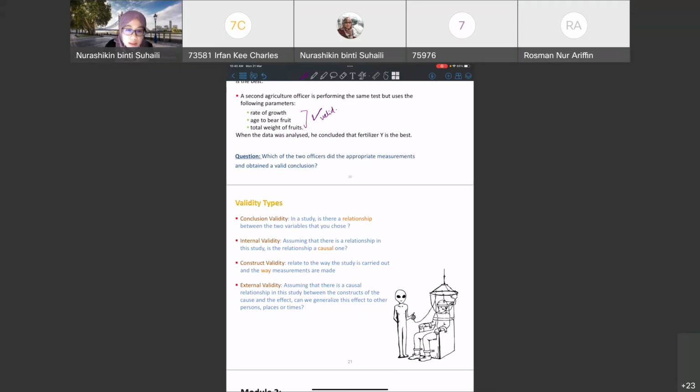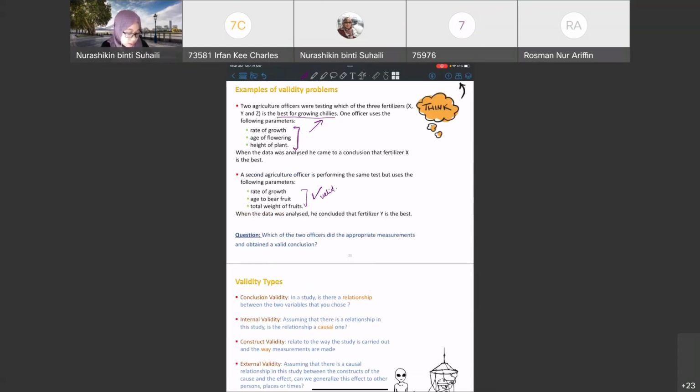Okay, construct validity relates to the way the study is carried out and the way measurements are met. For example, the one just now, the way measurements are met will influence the validity.